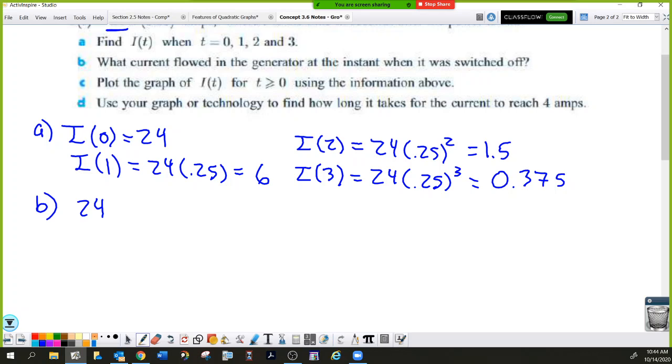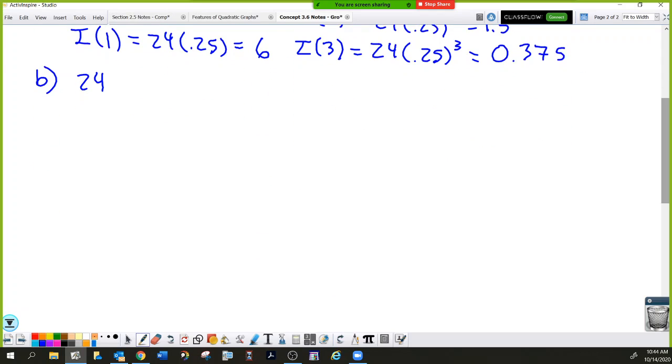Part C says plot the graph. And this one actually says when t is greater than or equal to 0. That's because we're not time traveling here, so there's no negative time. You just plot the 4 dots that you have right there. Pretty simple.